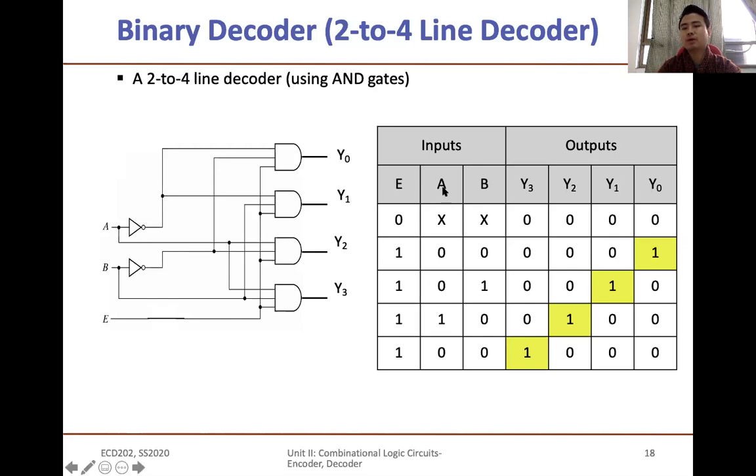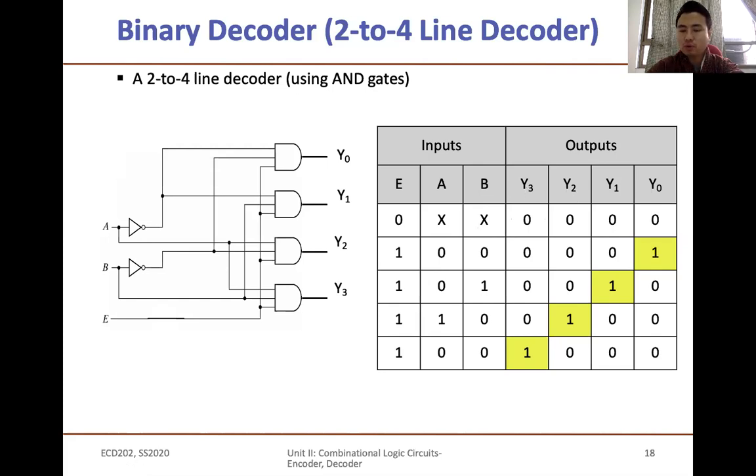And you have inputs A and B. If you look at the truth table, when you give E equal to 0, that means inputs A and B will be don't care, represented here by the letter X, which means whether you give 1 or 0 for A and B, since E is equal to 0, the device is in the disabled state, so your device will not work. Therefore it is a don't care stage, and your output at that stage will be all 0. Y0, Y1, Y2, and Y3 will be 0.